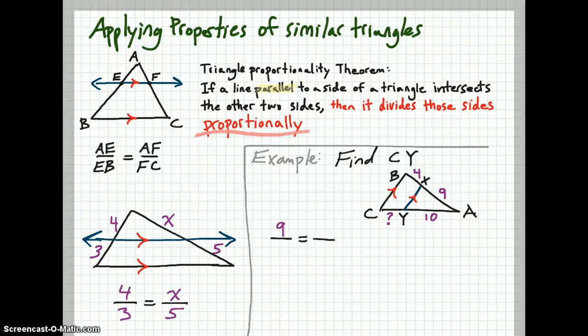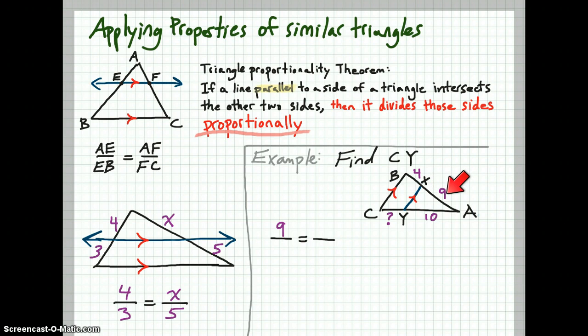Okay, so we set up our two fractions that are equal to each other, and I started off with the 9, and you kind of have to turn your head on the side to be able to see this because it is very different than what we were just looking at as far as its orientation.